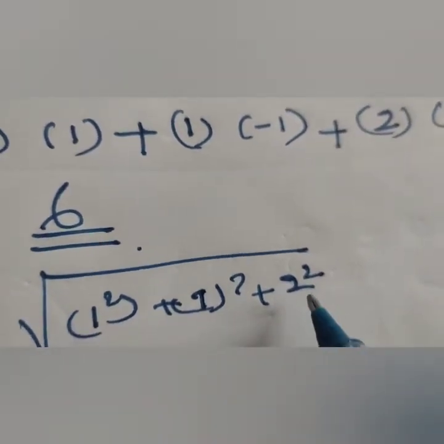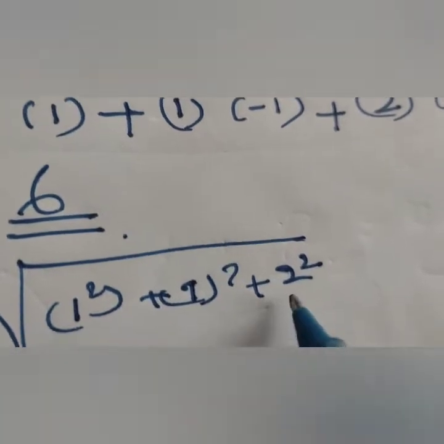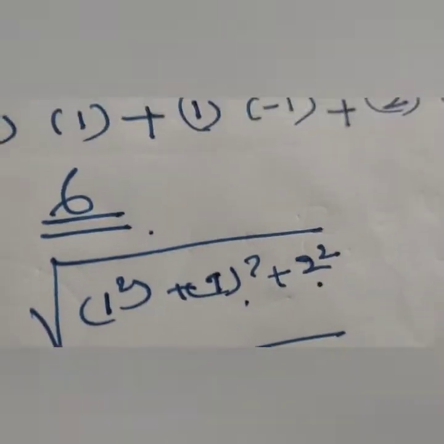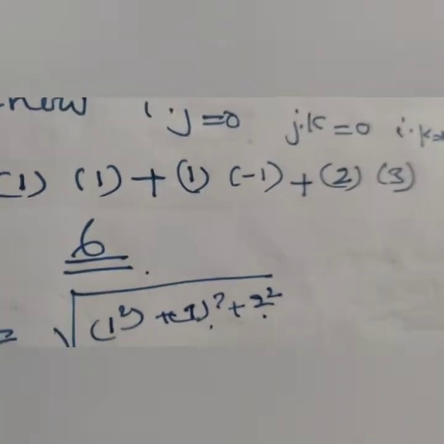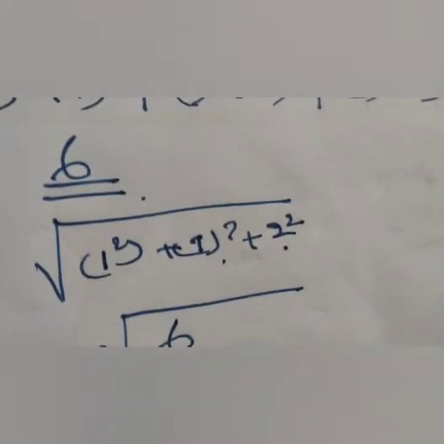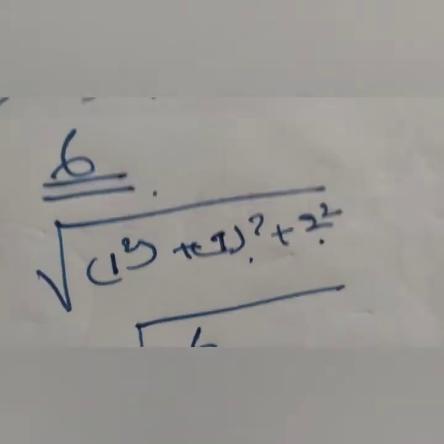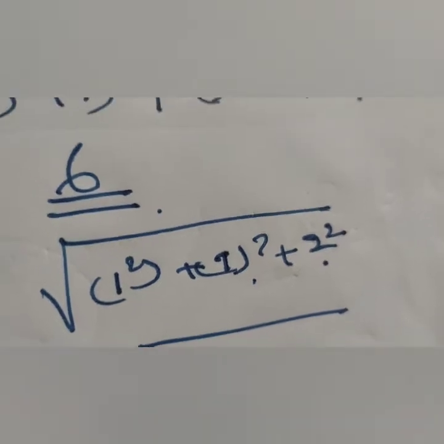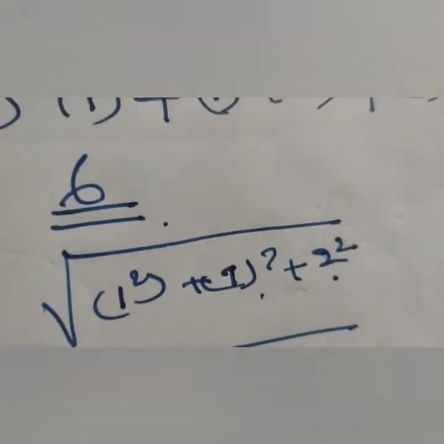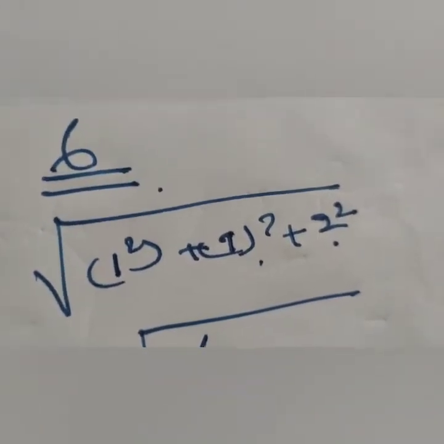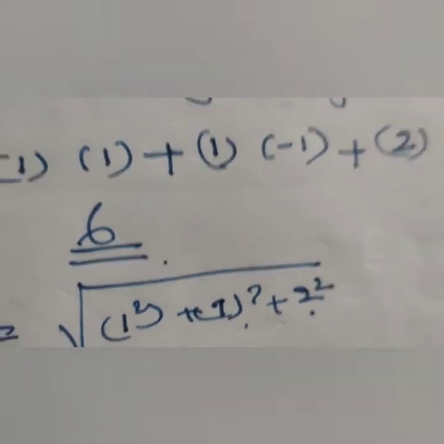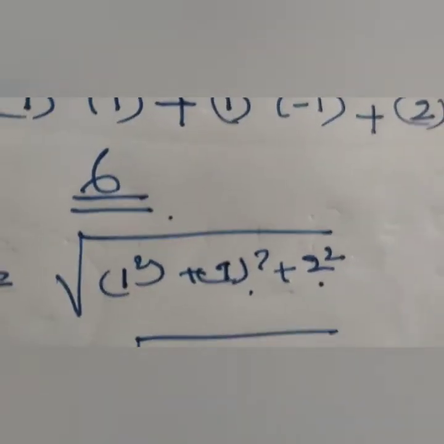So the square root of 6. Like that, the modulus of B also we can take. In that way we can find out the modulus of a vector.